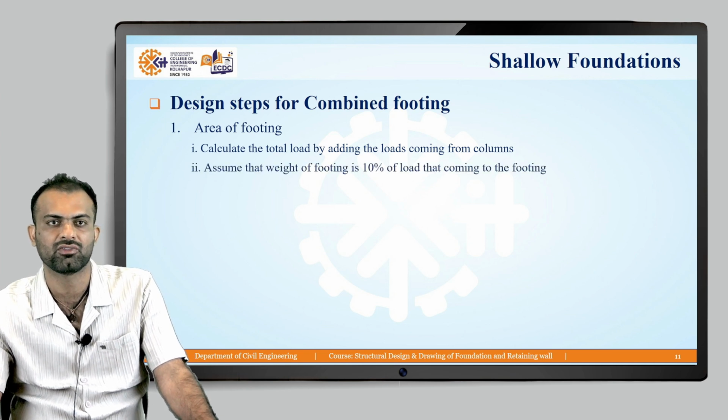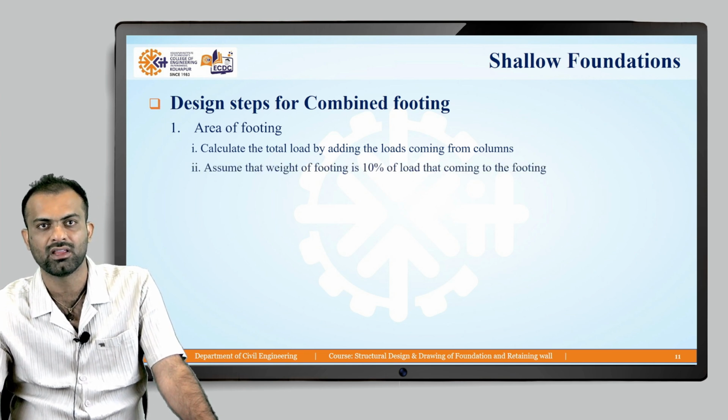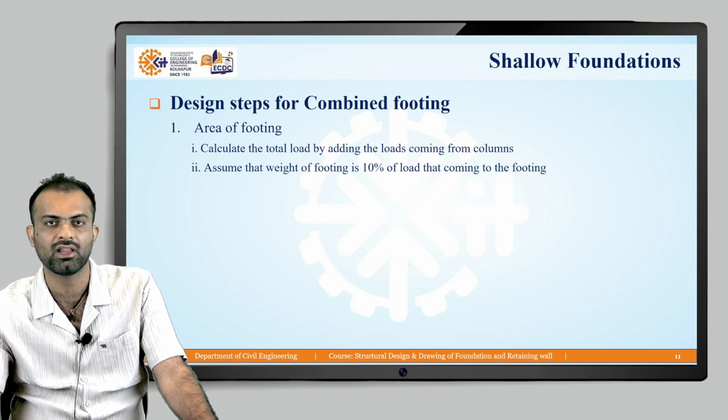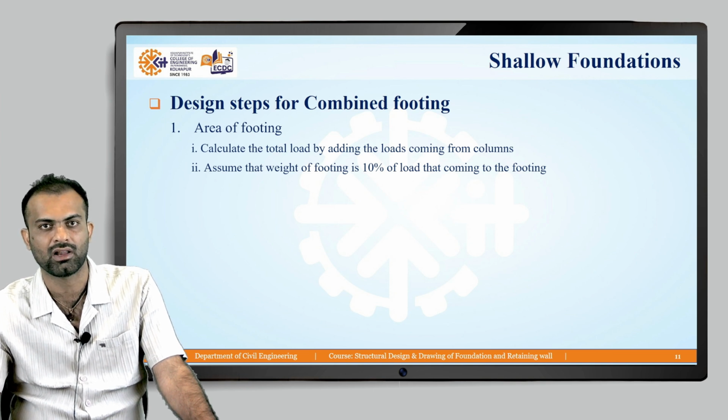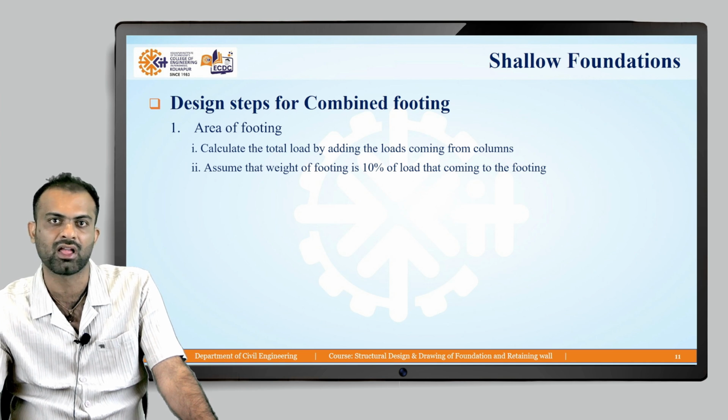Now, after calculating the total load from the superstructure to the foundation, we have to assume the weight of the footing, because after constructing the foundation, the weight of the footing will also be standing on the soil. But we have not yet designed the foundation. In the first step of the design, we have to assume the weight of the footing, because we don't have the area of the footing and we don't know the area of steel.